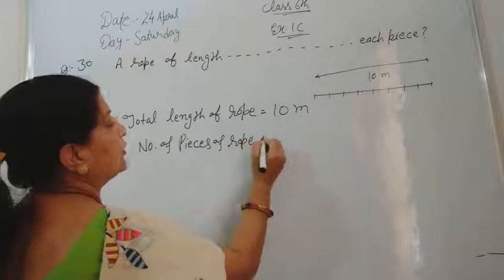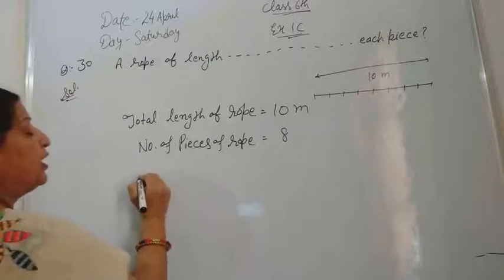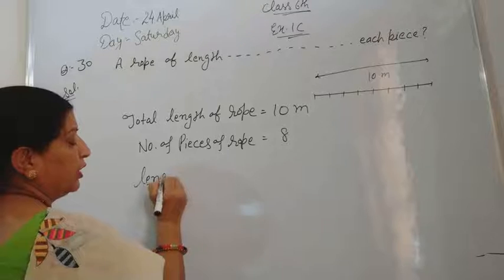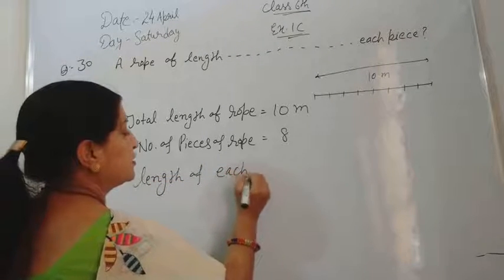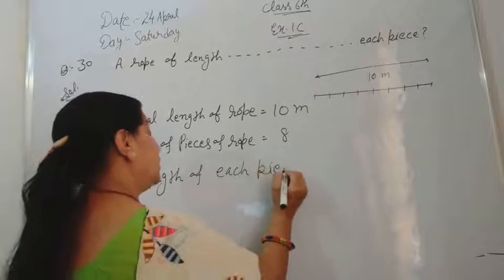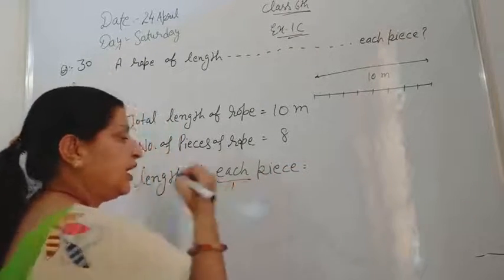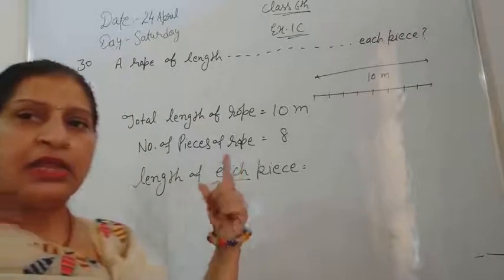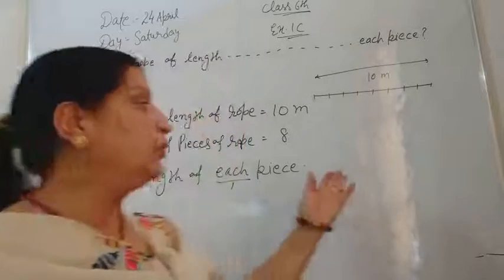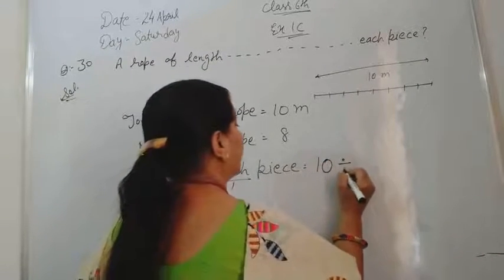Rope के total pieces कितने हैं? 8. So you have to find the length of each piece. Each means एक पीस की लेंथ फाइंड आउट करनी है. तो एक के लिए हम क्या करेंगे? We do the division. So we write 10 divided by 8.